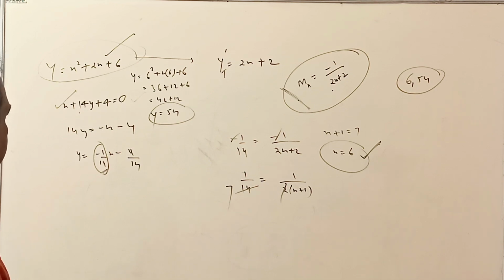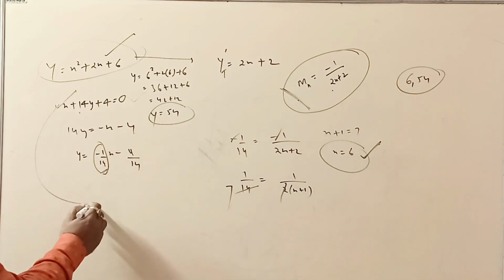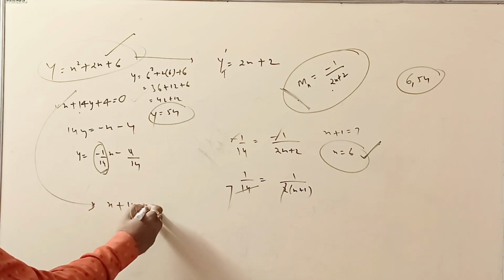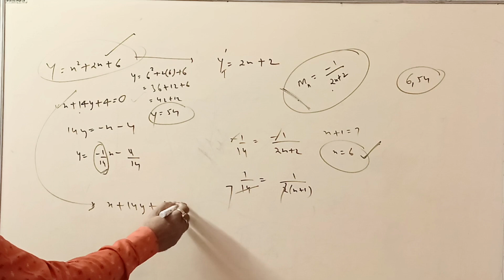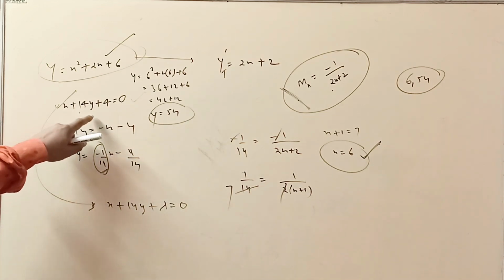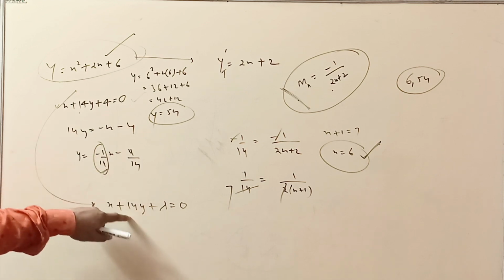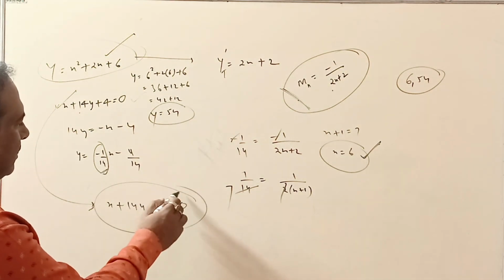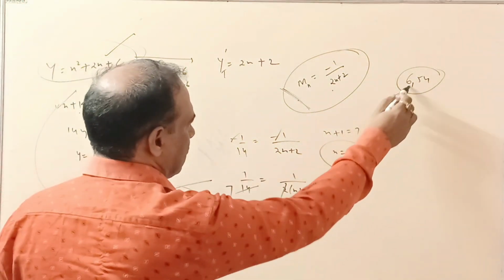Now, any line which is parallel to this line will be x + 14y + λ = 0. Any line parallel to a given line will always have the same x and y coefficients, but the constant will change. Now this line will pass through the point (6, 54).